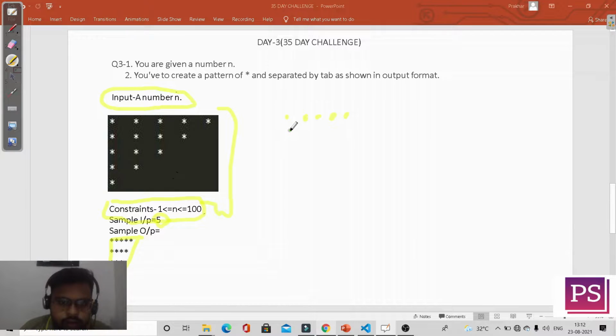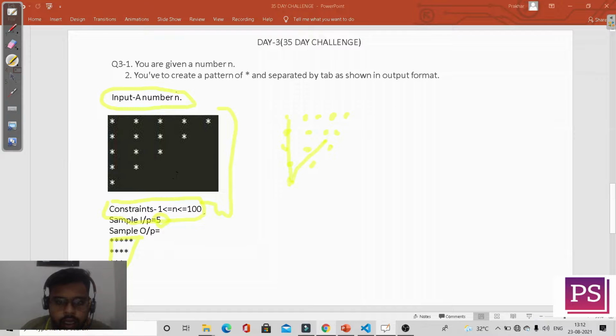Then in the second row we have to print only 4 stars. Then in the third row we have to print 3 stars. Then in the fourth row 2 stars, and in the last row only 1 star, that is an inverted right angle triangle.